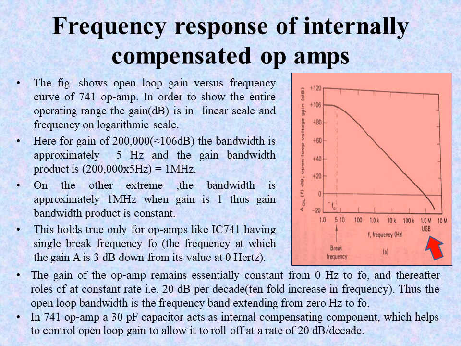So what conclusion can we make from the graph? That the gain of the op-amp remains essentially constant from 0 hertz to F0. This we have already said, that gain almost remains constant till F0, and thereafter it starts decreasing, and this decrease, as we see from the graph, is at a constant rate because this is almost a straight line.